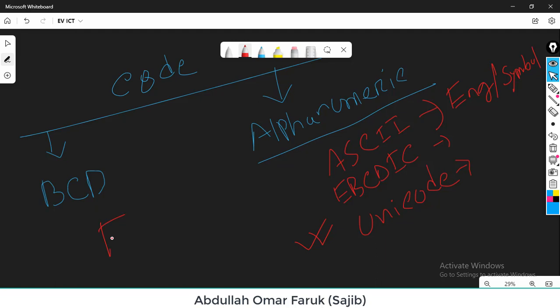So there are actually two concepts. One is encoding and another is decoding. Encoding means transferring human language into the computer's language. Decoding: the computer's language is transferred, but when you want to send the message to the receiver, he will never understand binary language.